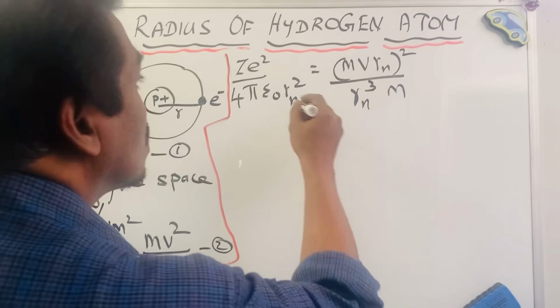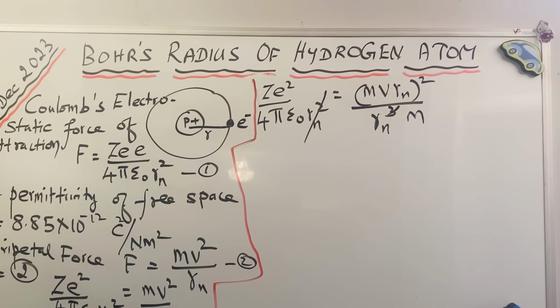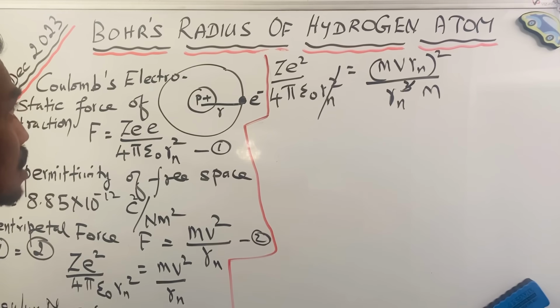So this r square completely will cancel and this will be just r 1. That's the one we are going to calculate, the radius of the hydrogen atom.